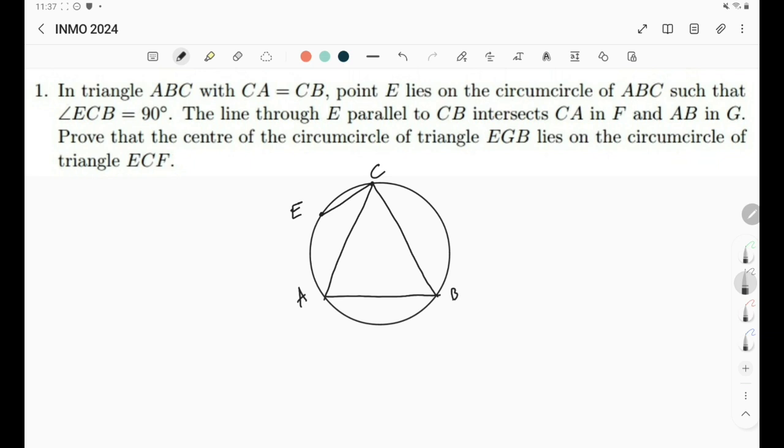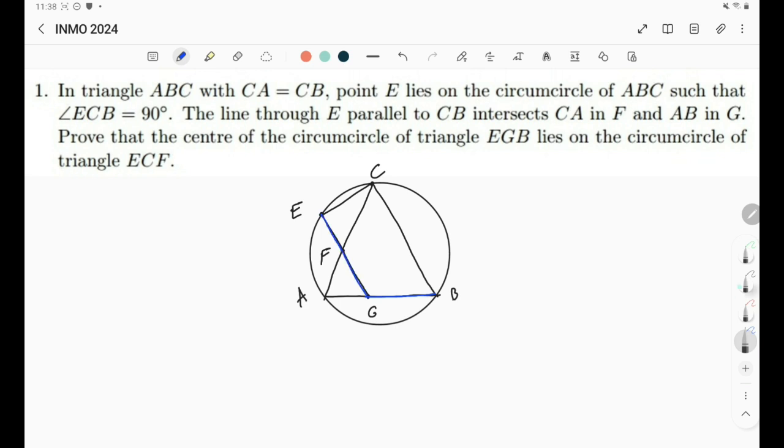Now what we'll be doing is taking a parallel to CB from E, and now we have 2 points. Parallel to CB, so that intersects CA at F. Yes, so CA at F, here we have F, and here we have G. Next we'll be taking the circumcenter of the EGB triangle, this triangle, the blue one.